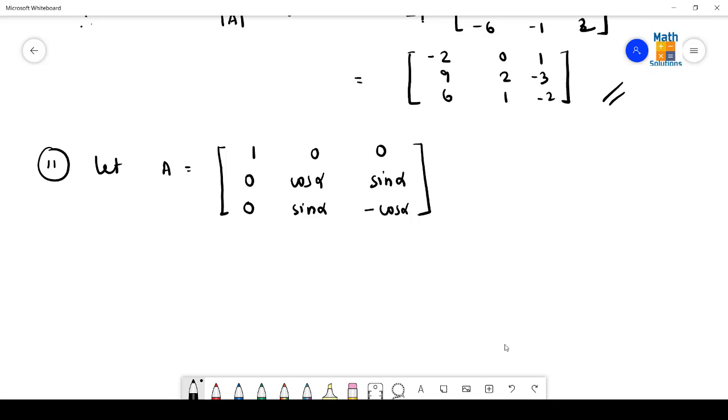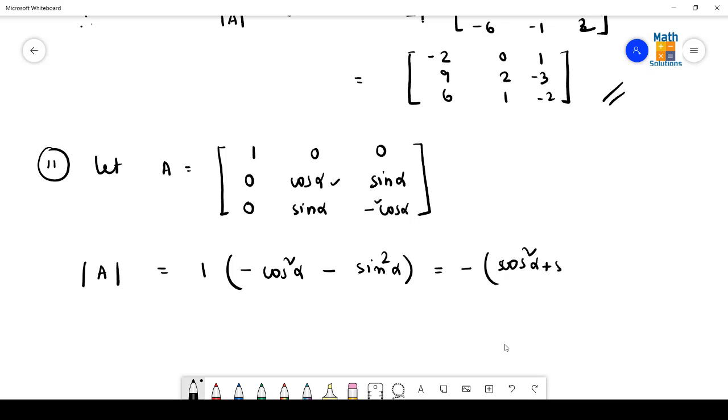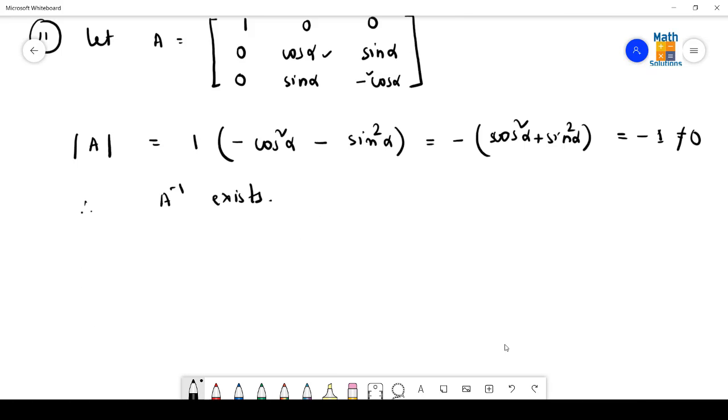Expanding along the first row, determinant of A is 1 into cos alpha times minus cos alpha, so minus cos square alpha, followed by minus sin square alpha. Taking minus common, we get cos square alpha plus sin square alpha. The result comes as minus 1, which is not equal to 0. Therefore A inverse exists.